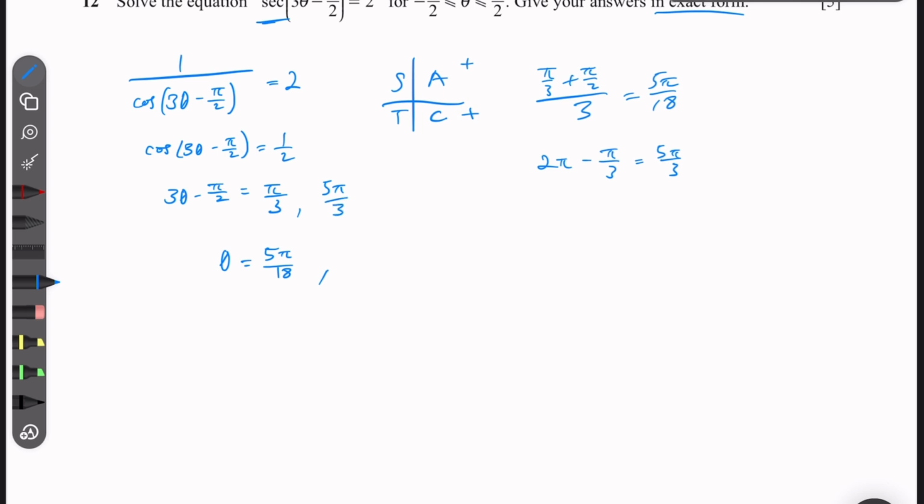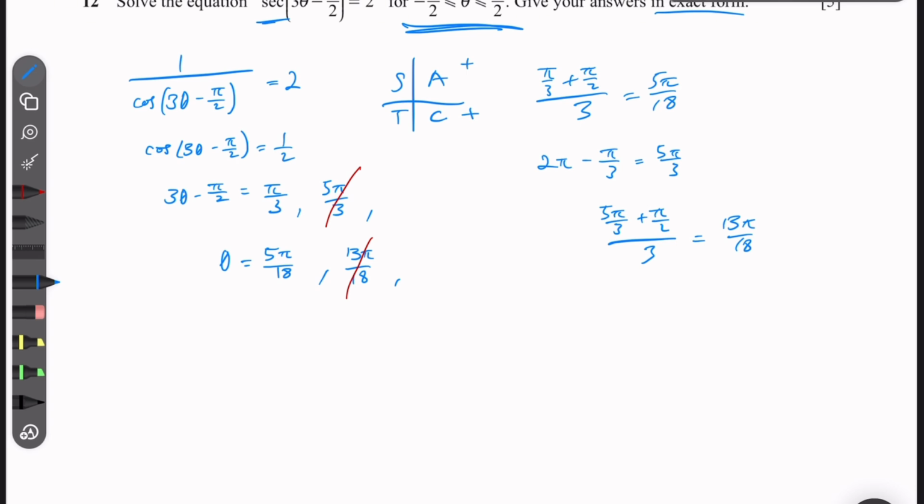And then once you rearrange this again to find theta, it will be 13 pi over 18. And this is out of the range that is given, so we don't include this in the final answer at least.